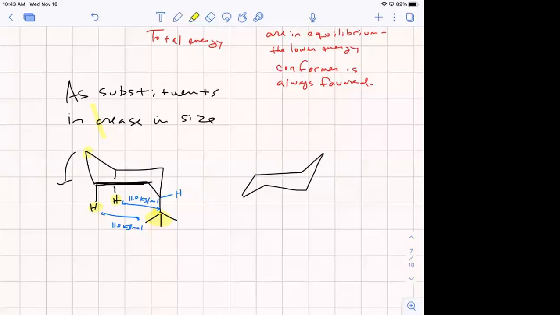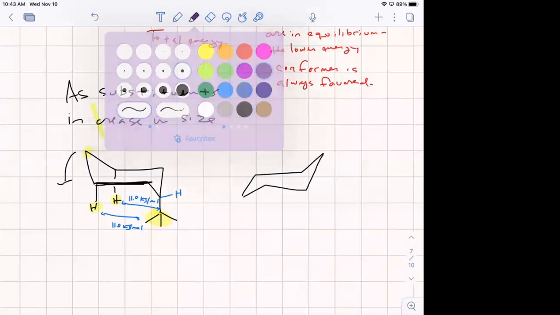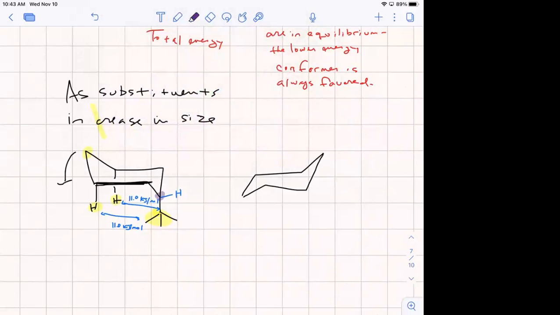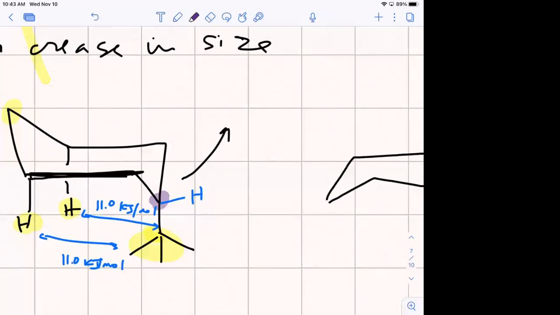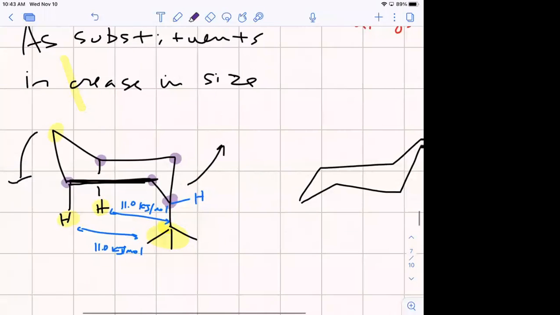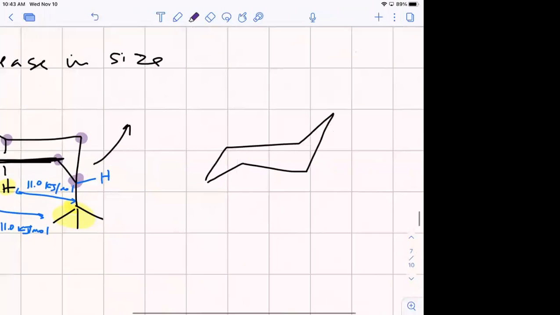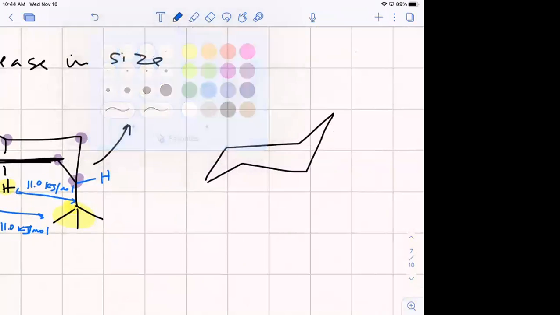And then the other carbon in the front, I like to call this the front, right? This is going to move up like that. So I'm basically going to flex that ring and rotate at these 2 carbons to flex that carbon up. I'm going to rotate at these 2 carbons to flex that back carbon down. All right, so when I do that, that hydrogen that was there is going to now be axial, like so.